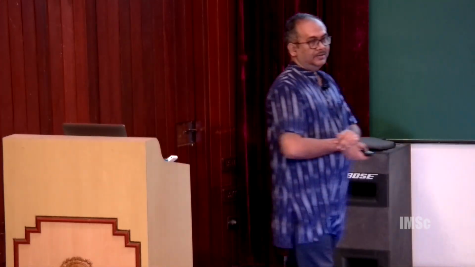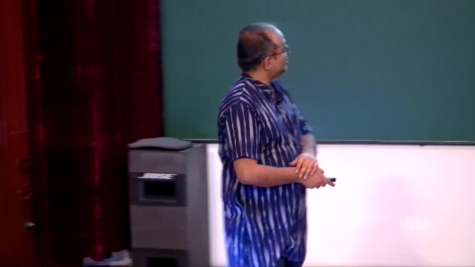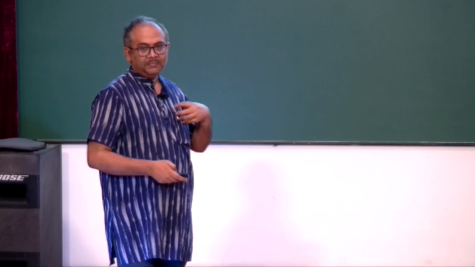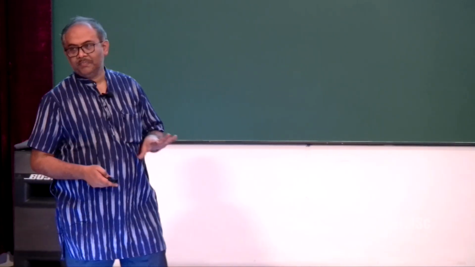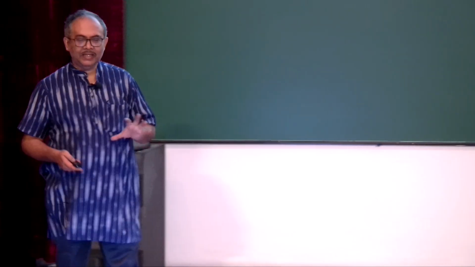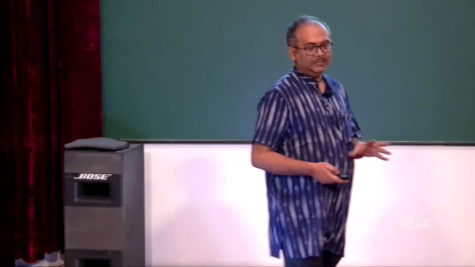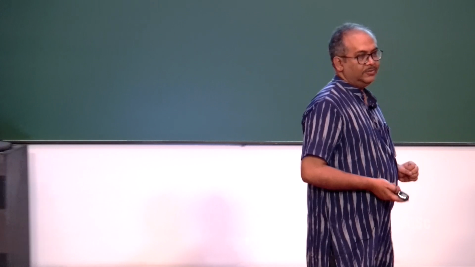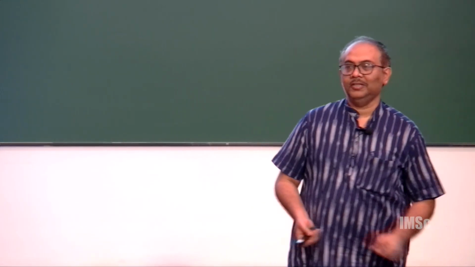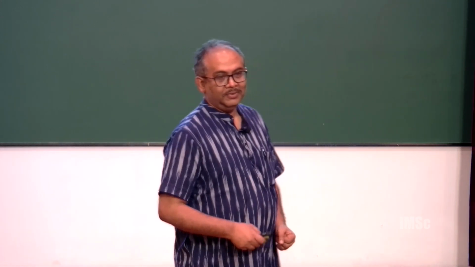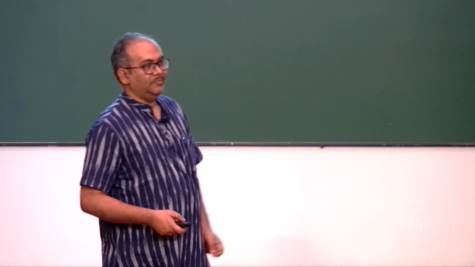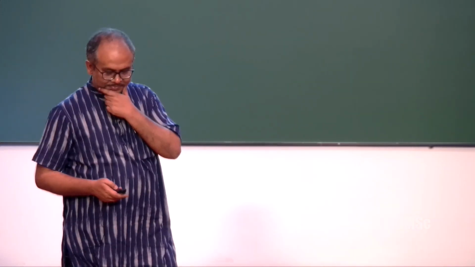Anyway, I think Ravindran has made my work a little bit easier. Feel free to stop me. I will tell you something a little bit technical, but try to keep it as lucid as possible, and you can stop me. I have also asked for chalk so that we can do something on the board if needed.